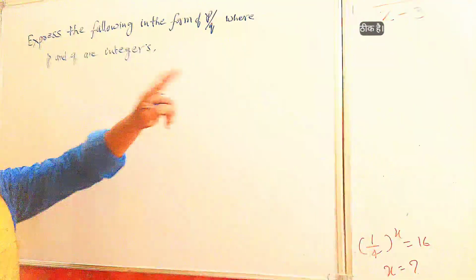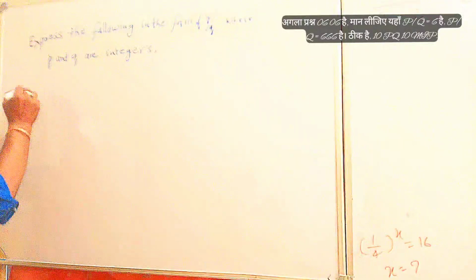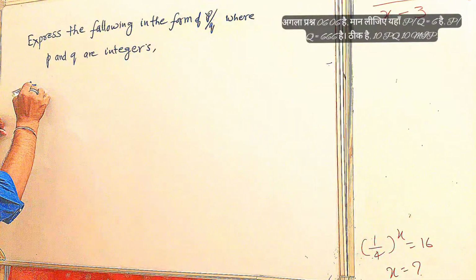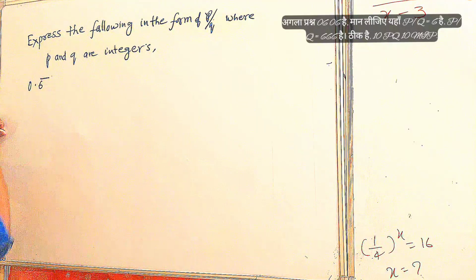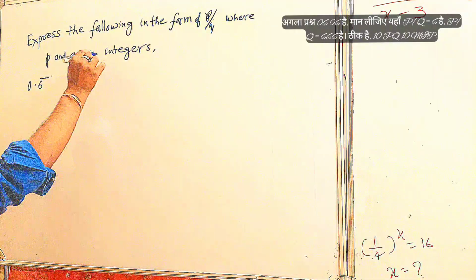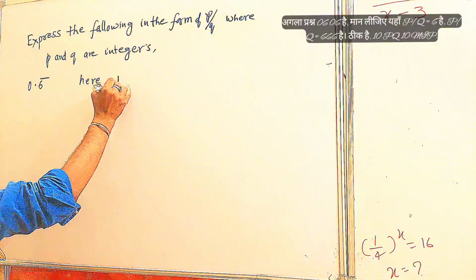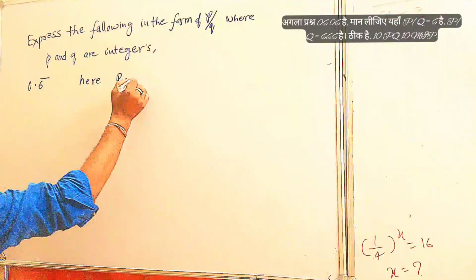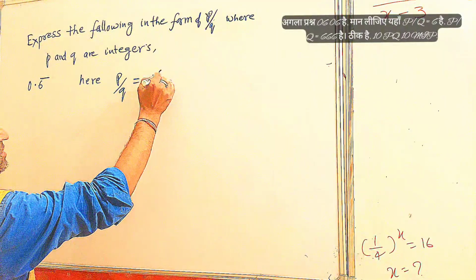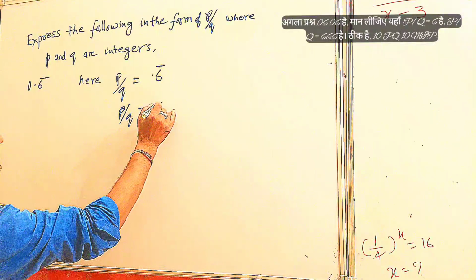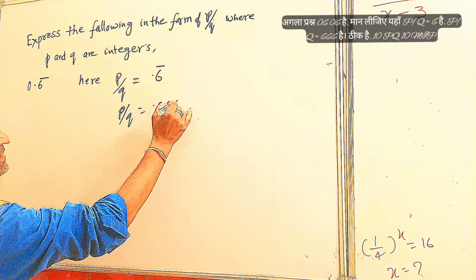Okay. Next question is 0.6 bar. Suppose here P by Q is equal to 0.6 bar. P by Q is equal to 0.666.